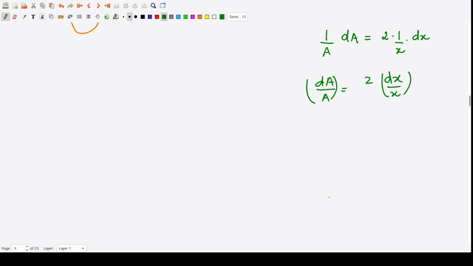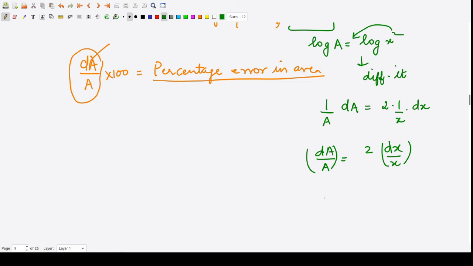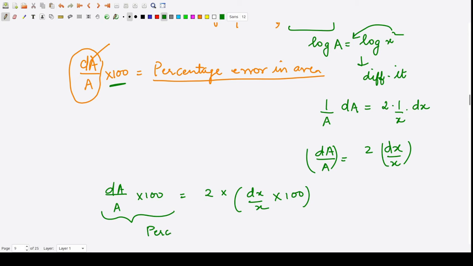Now in order to calculate the percentage error, we can multiply this by 100, right? So we will have dA by A into 100, equal to 2 into dx by x into 100. Now what is this thing?